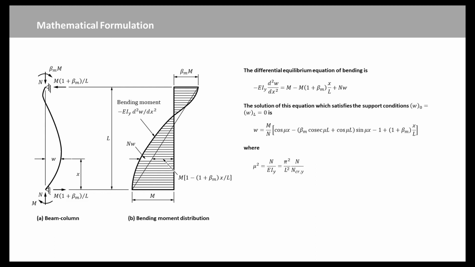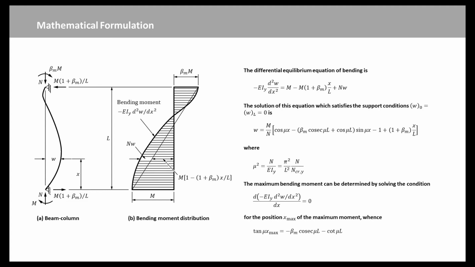The solution of this equation, which satisfies the support conditions w(0) equal to w(L) equal to 0, is given by this equation. The bending moment distribution can be obtained by substituting the w expression into the differential equilibrium equation. The maximum bending moment can be determined by solving this condition.